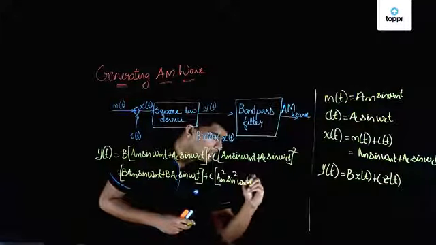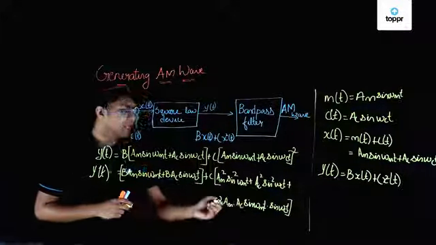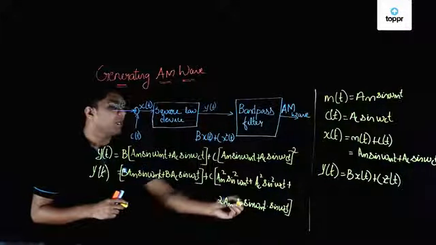So after substituting all the values, we got y of t as b Am sin ωmt plus b Ac sin ωct plus c Am squared sin squared ωmt plus c Ac squared sin squared ωct plus 2c Am Ac sin ωmt into sin ωct.